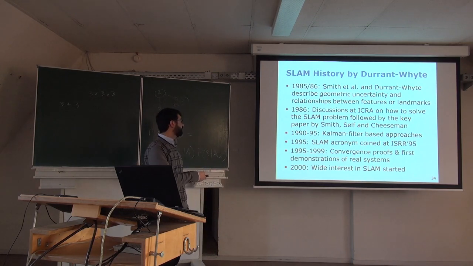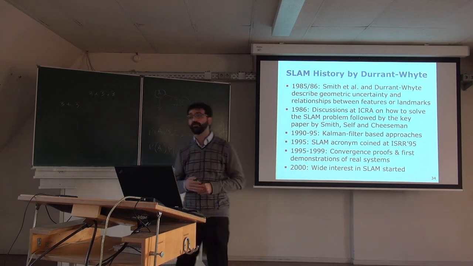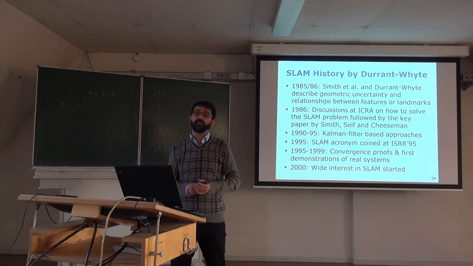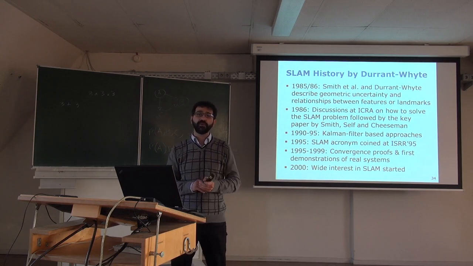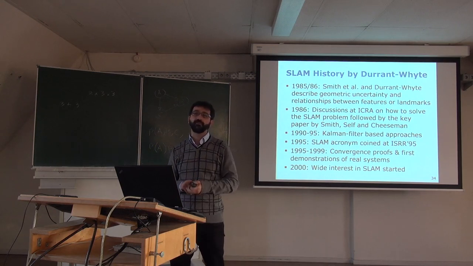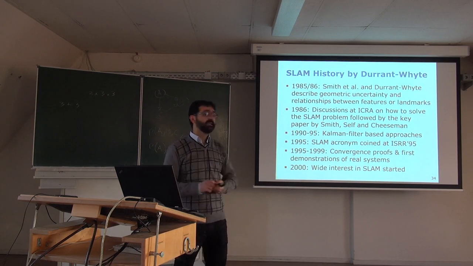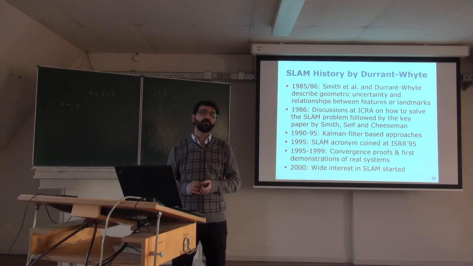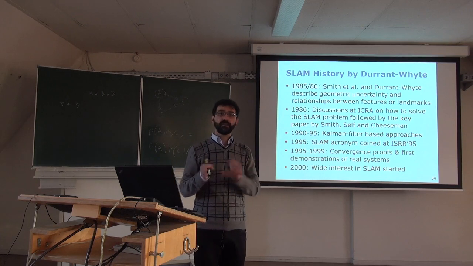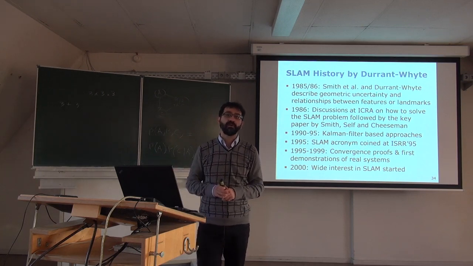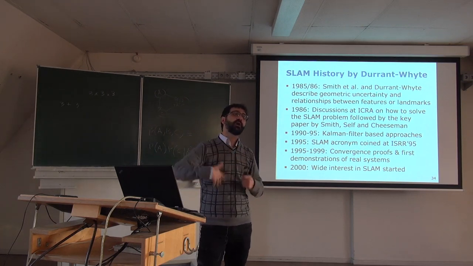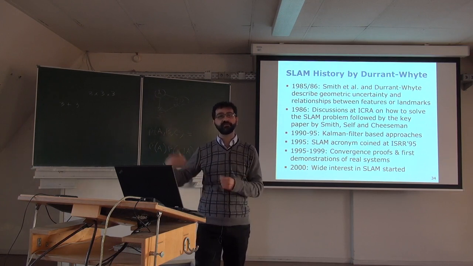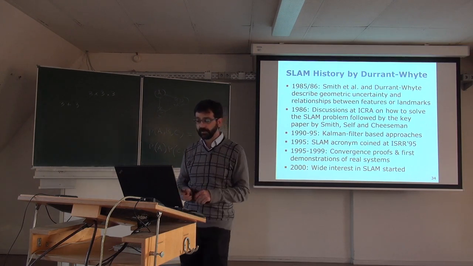At the end of the 1990s and beginning of 2000, there was a lot of interest in the problem, a lot of papers in the research community, a lot of effort from a lot of groups worldwide. It was one of the most important problems at the time, and all the conferences were about that. Now it's getting a bit mature, so there are fewer groundbreaking results, but there are a lot more advanced technical aspects as well.